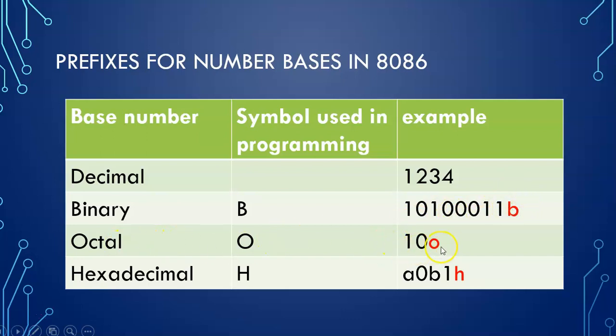For octal number, put O after the value, and for hexadecimal number, put H after the value. Okay, we will continue. We have not started the programming yet, but I will explain in the simulator.